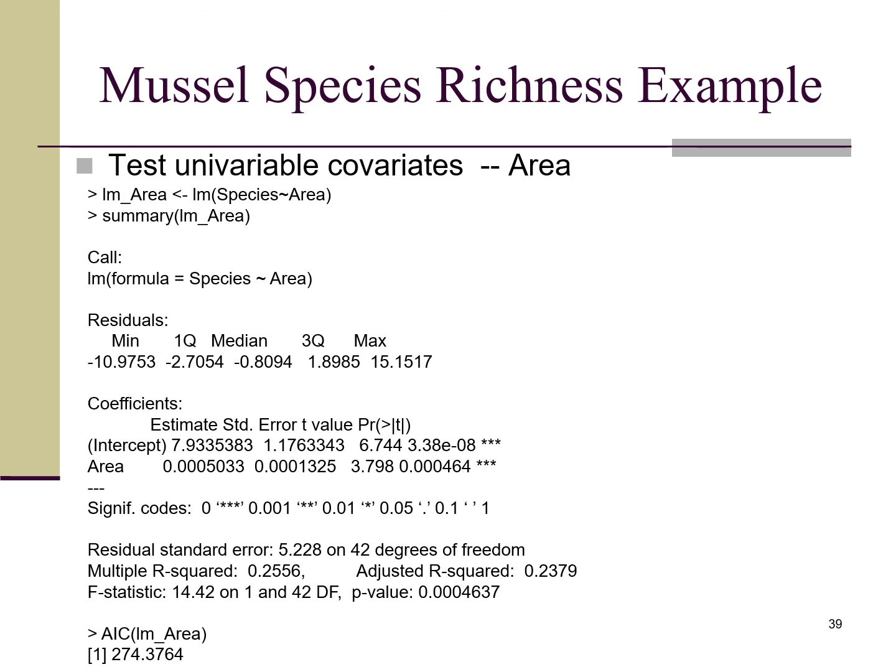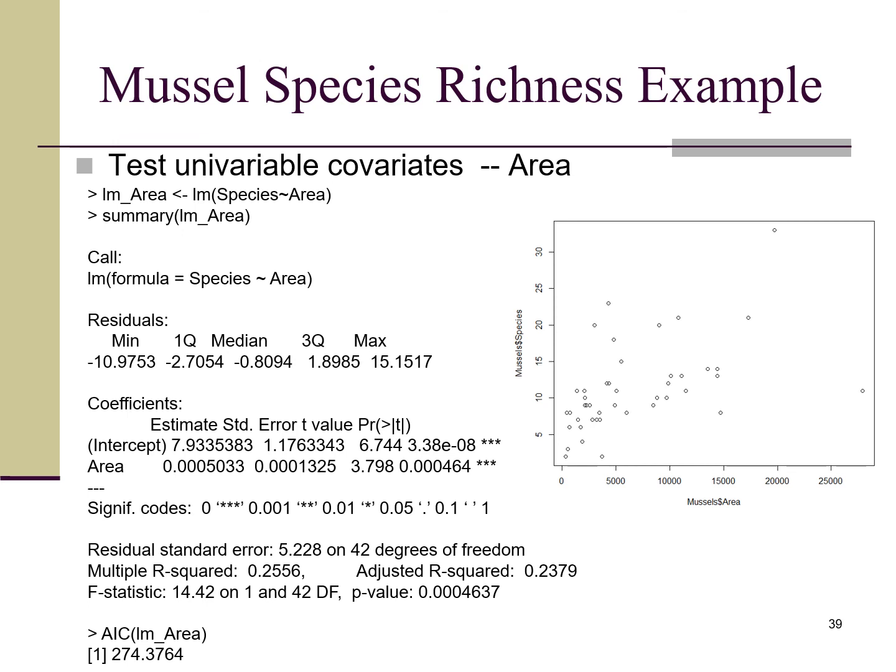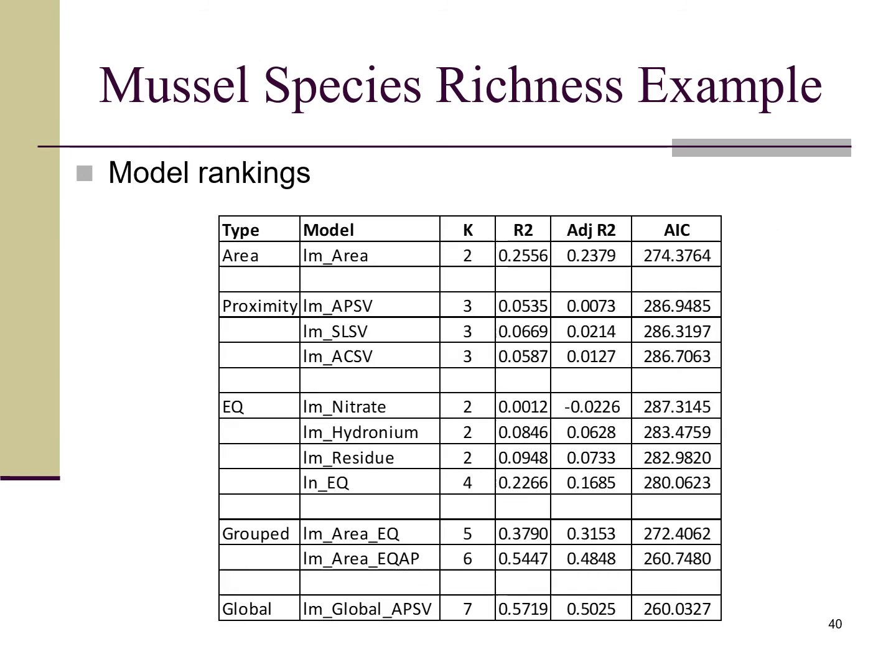Going up to the coefficients, it's statistically significant. And we get an AIC of 274. Of course, we want to go down, so let's remember that with AIC. And that's that relationship. It's saying there is a relationship there, despite the fact that we've got some outliers at the higher areas.